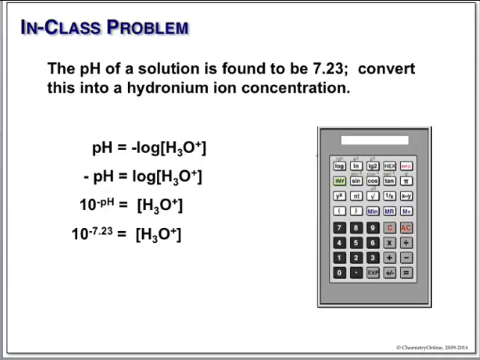I look at it and I find, oh, there's a log button, and above it is a 10 to the x button. You must make sure you have a calculator that does that. A log button and a 10 to the x. Now, we're interested in 10 to the x here, aren't we? So the first thing you do is you will type in minus 7.23.